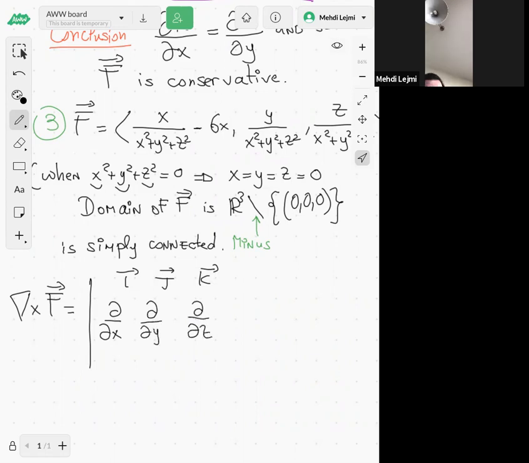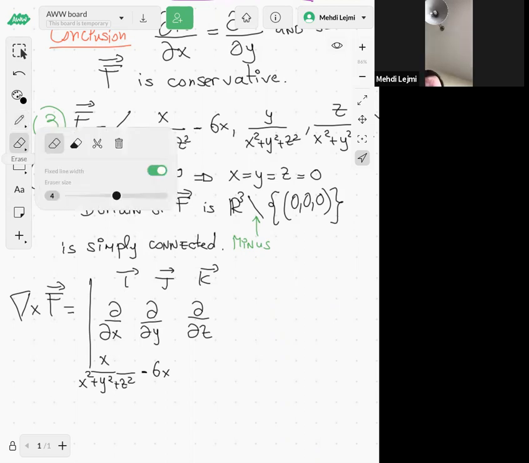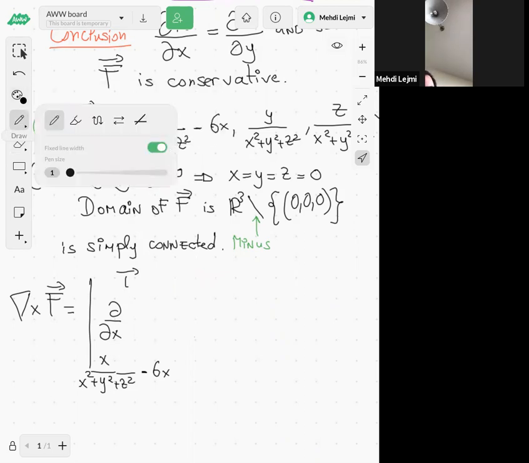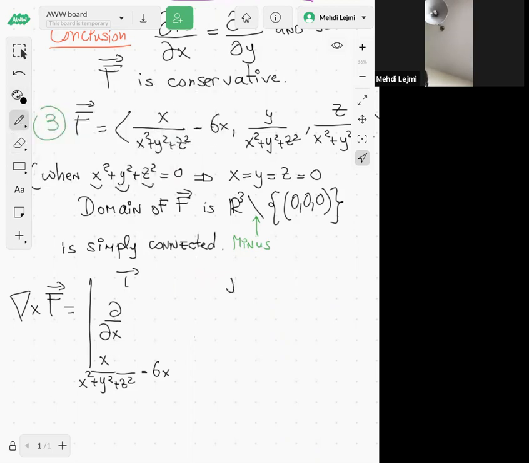The first component of f we have is x over x squared plus y squared plus z squared, minus 6x. This is the first component. Probably I need more space here, so I'm just going to erase this, and I'm going to put the j here and the k somewhere here.